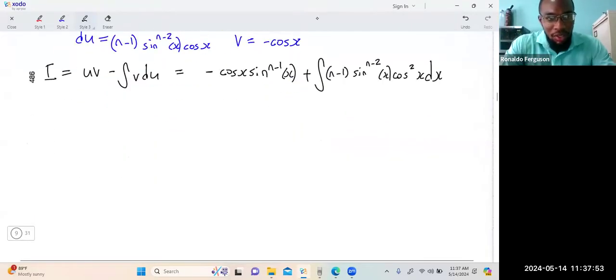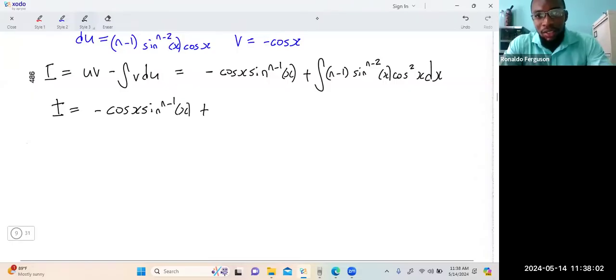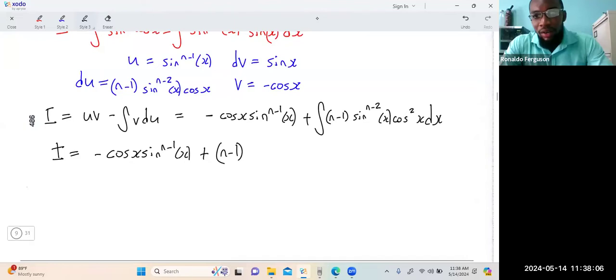No problem. So now I equals minus cos x sine to the n minus 1x plus, factor out the n minus 1. And then now we have to remember that cos squared is the same as 1 minus sine squared. So we end up having sine to the n minus 2x times 1 minus sine squared x dx.